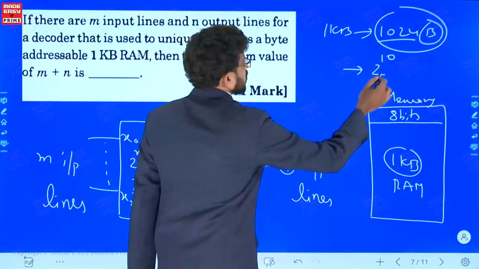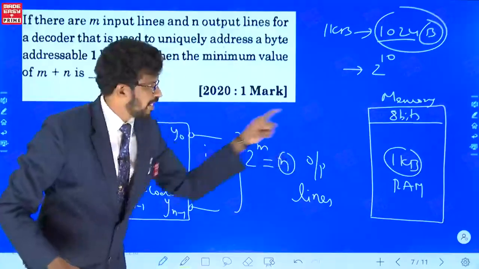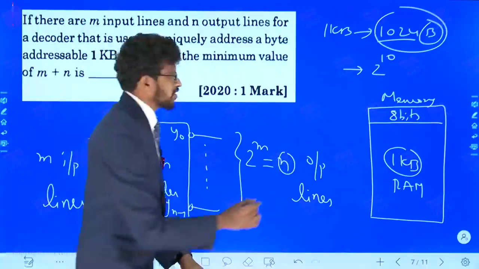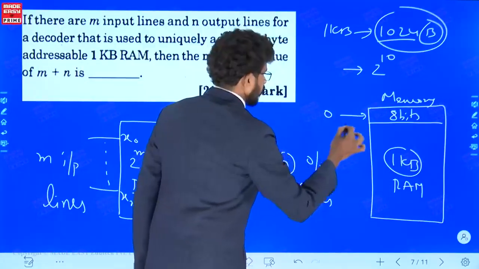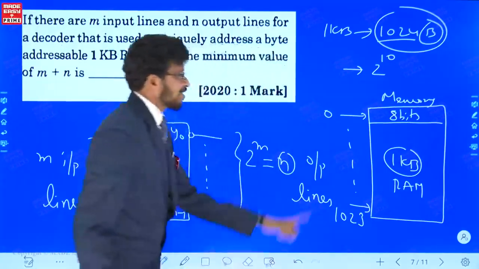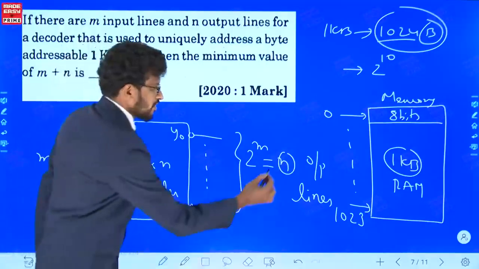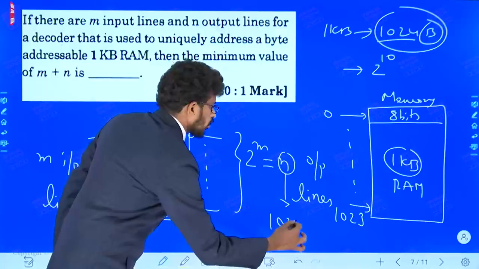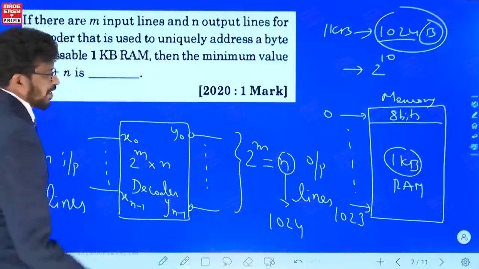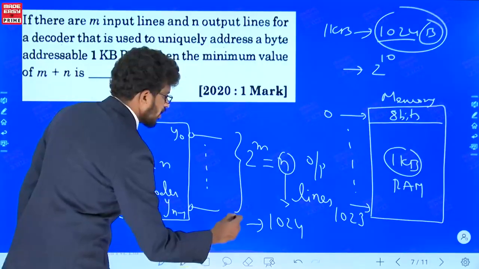It means to have 1024 registers, you have to decode 1024 registers. The first register is 0, the last register number is 1023. So these many addresses are required for the registers. So this n will become 1024. Very simple. If n is 1024, what should be the value of m? 10.